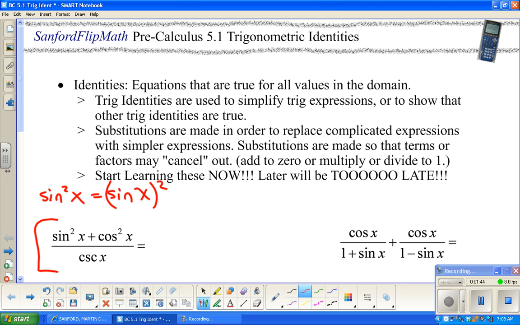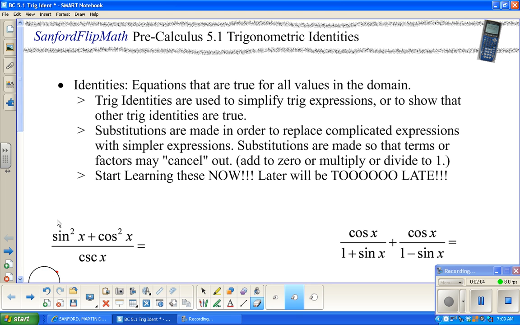We don't write sine of x squared, because that is talking about the x being squared, not sine of x. And it gets even more confusing in that your calculator thinks that what I just wrote actually is the same thing. So this can get a little troublesome. But anyway, back to my point.